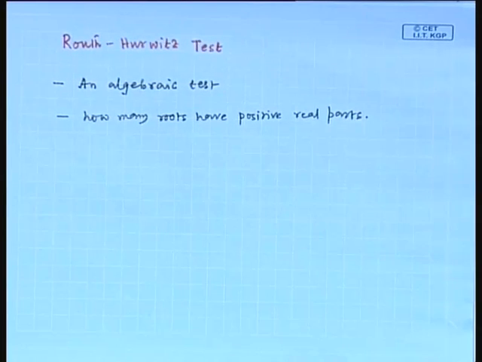It is interesting that without determining the values of the roots, we can say how many roots have positive real parts. There is no need to determine the roots, and there is no need to produce any plot for this particular case.